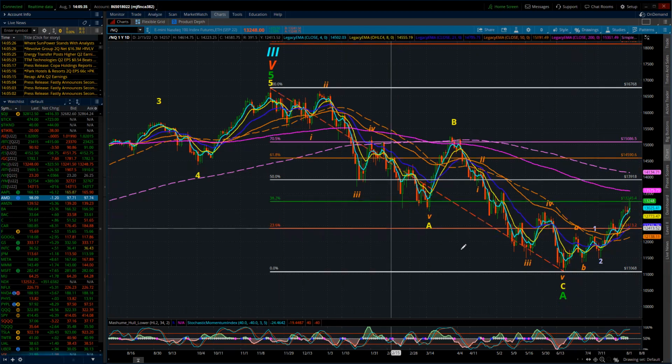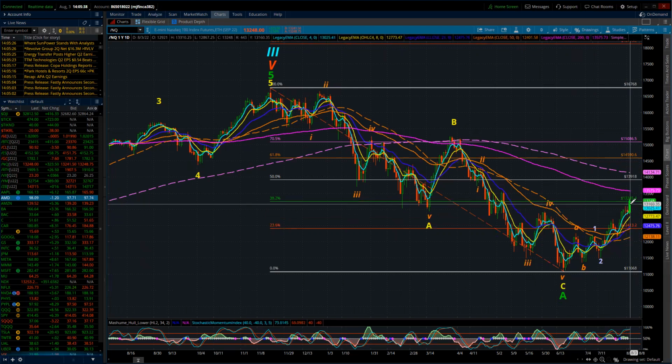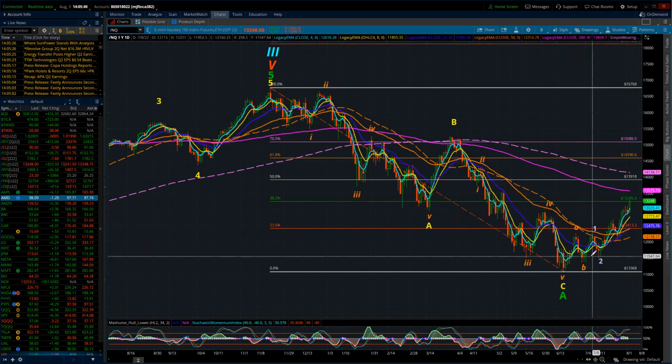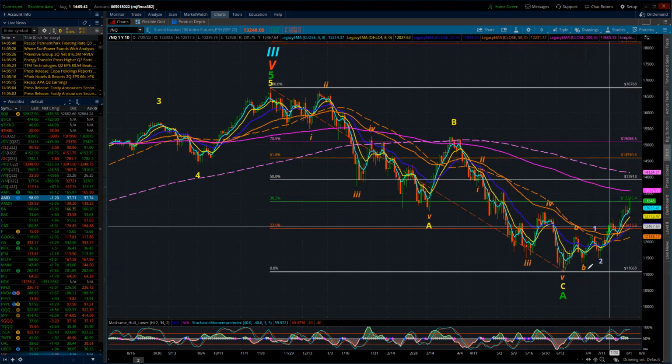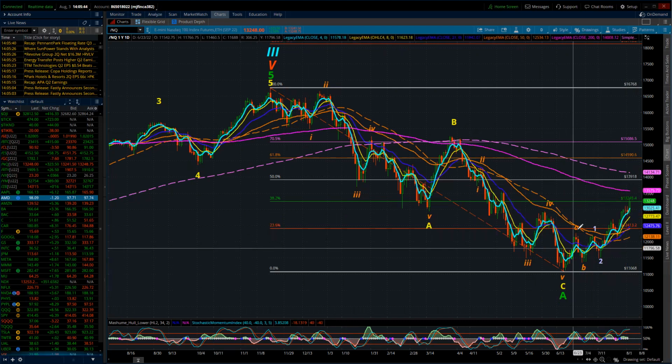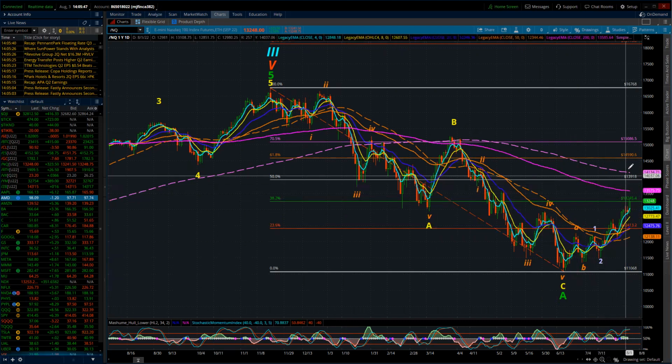This way, it allows the market to form the A wave, and C will always be 5 waves. I'll get to that in a moment, but it would be ABC for intermediate wave A.